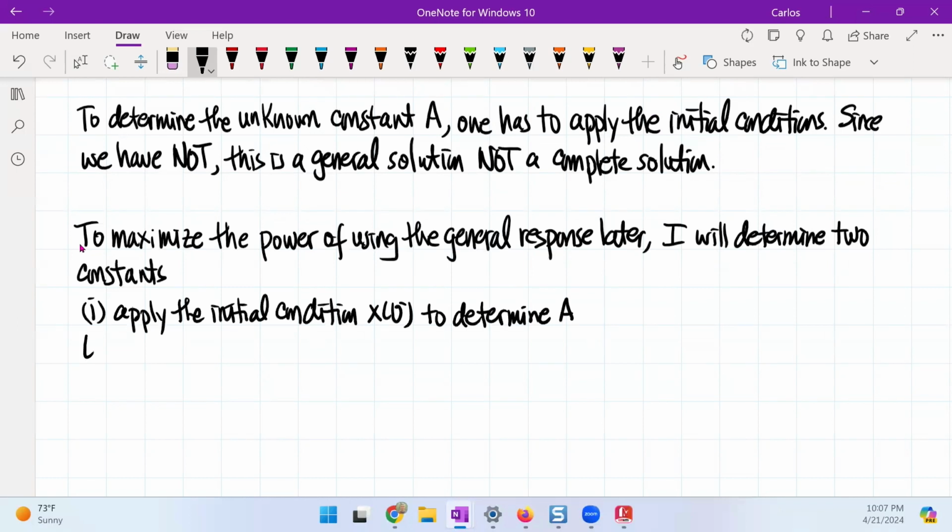Now there's a second constant, which we solve for as a convenience constant. We don't have to, but it makes things a lot nicer if we do, which will be x at infinity.